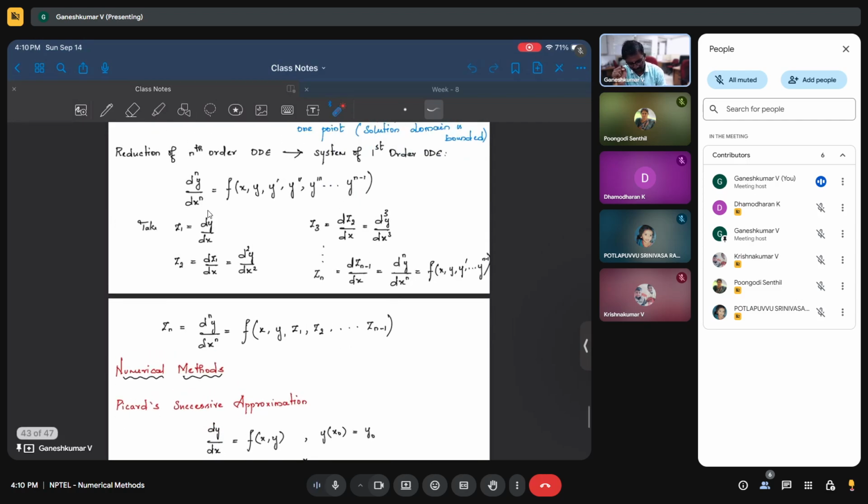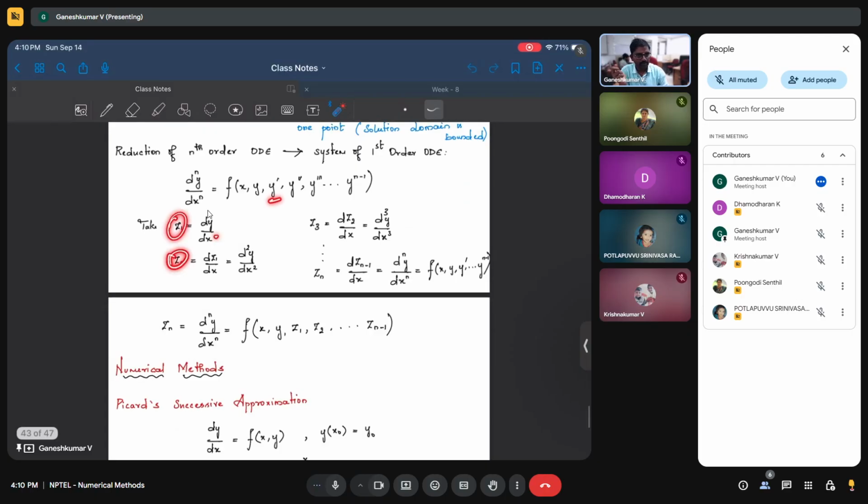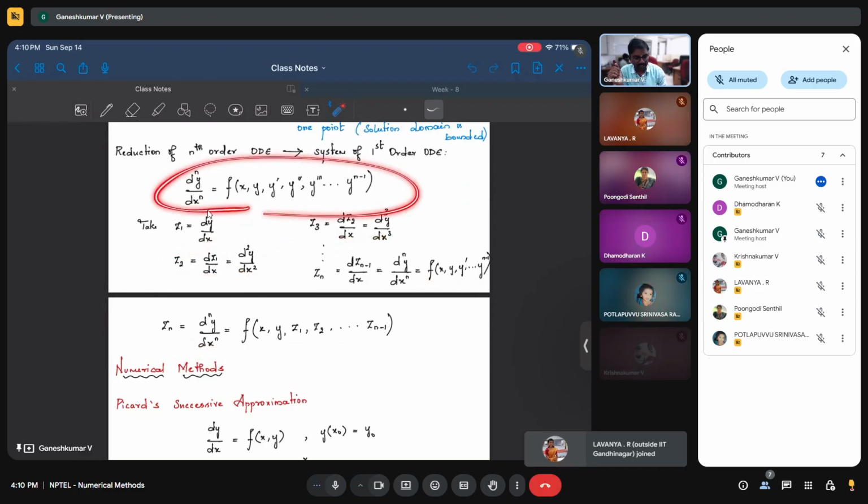So basically we write each and every derivative as a separate variable. Then this is one equation, this is the second equation. Similarly it will keep on going, and the final equation will have your exact ODE.